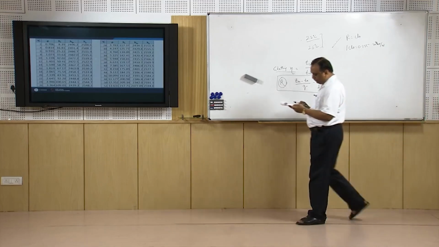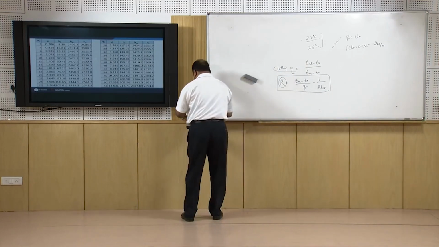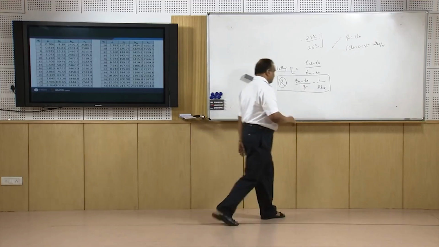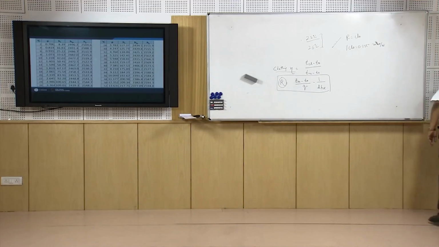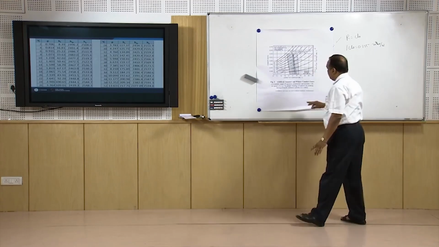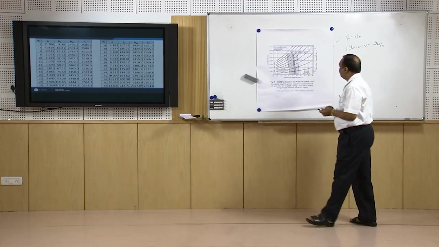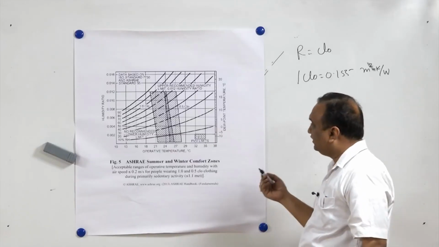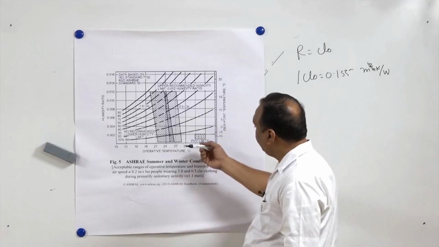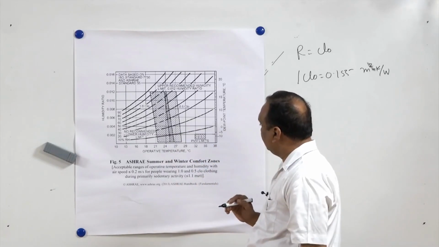Now I will show you one diagram related with the comfort with clothing. These are the ASHRAE summer and winter comfort zones, but since the inside environment is the same, ASHRAE assumes inside temperature 24 degrees centigrade.